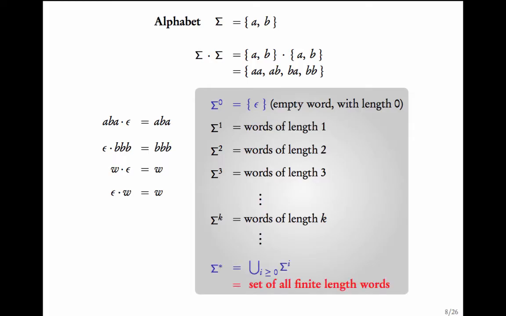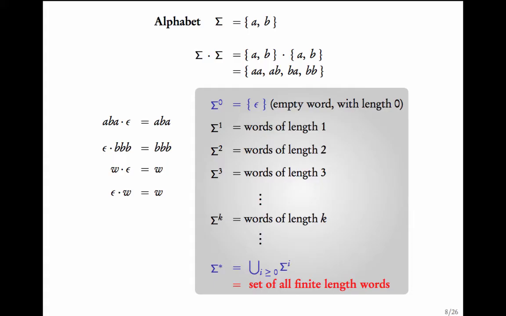Now, what is the union of all of these? If you take the union of all of these, you will get all the finite length words. And this set of all words is denoted as sigma star. So given an alphabet sigma, sigma star will be the set of all words.